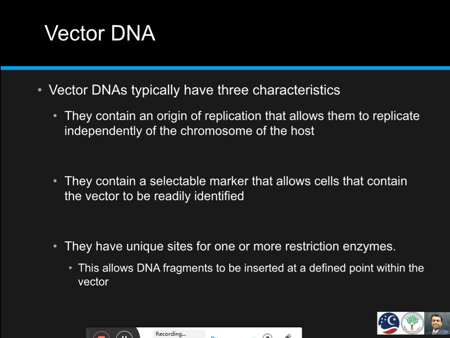Most importantly, they have DNA sequences which are the cutting sites for restriction enzymes. Why do we need the restriction sites in the vector? So that we can cut the vector with the similar enzymes that we used to cut the target DNA earlier. The result is that we can generate both the target and the vector DNA having identical ends, which are easy to join, easy to combine.